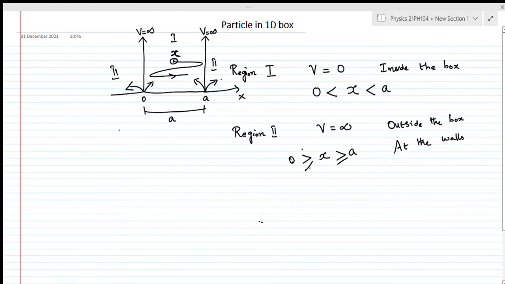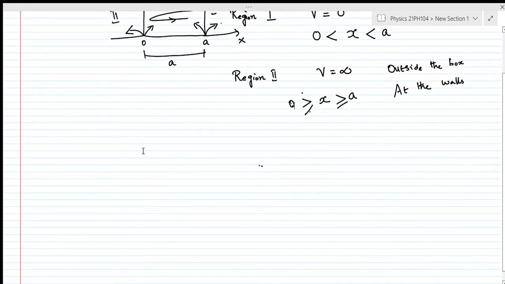So Schrödinger's one-dimensional time independent wave equation is d square psi by dx square plus 2m by h cross square, E minus V, psi is equal to 0.